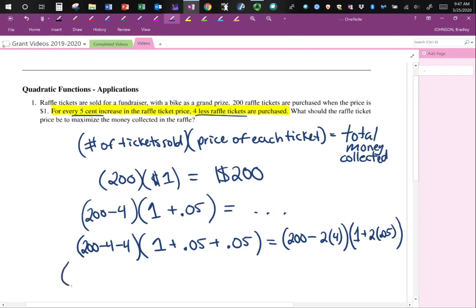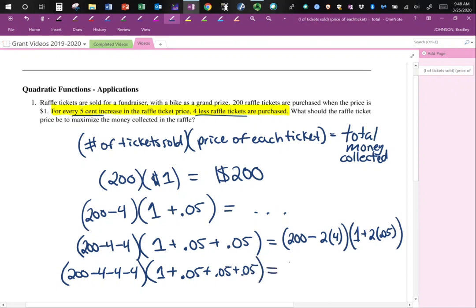So what if we did this 3 times? We would have 200 minus 4 minus 4 minus 4, right? You subtract 4 3 times, and then we would have had to add 5 cents 3 times, but it's easier to represent that as 200 minus 3 times 4 and 1 plus 3 times 0.05.